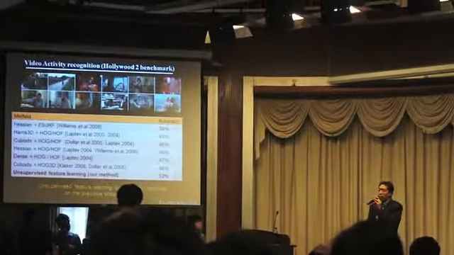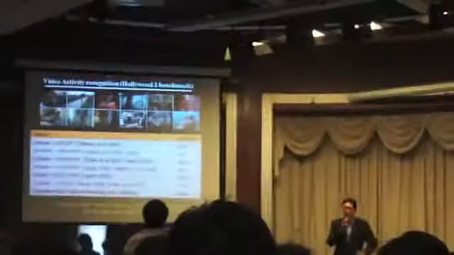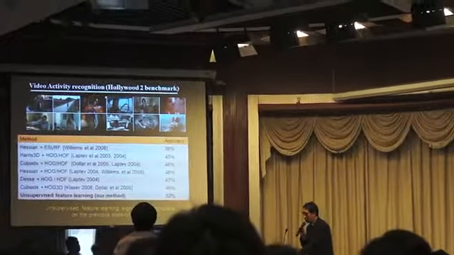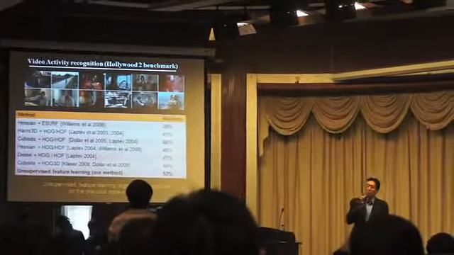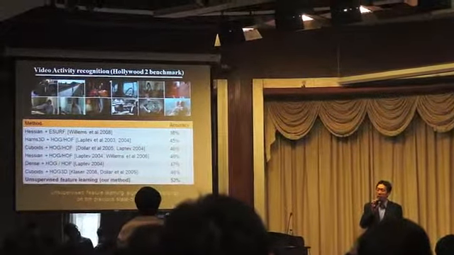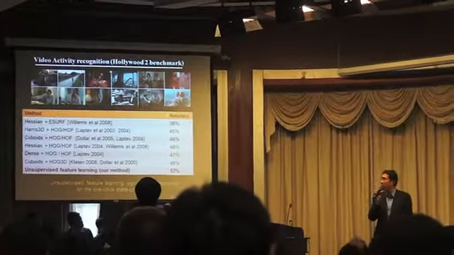So one of the first data sets we ran this on was a video activity recognition benchmark called the Hollywood 2 benchmark. This is one of the hardest benchmarks in computer vision, where the task is to watch a short video clip and decide whether or not the video clip contains two people kissing, two people hugging, someone dragging, someone eating, to recognize activities in videos.